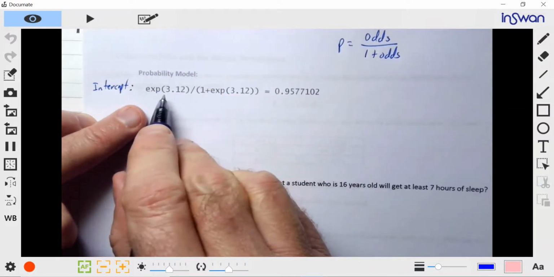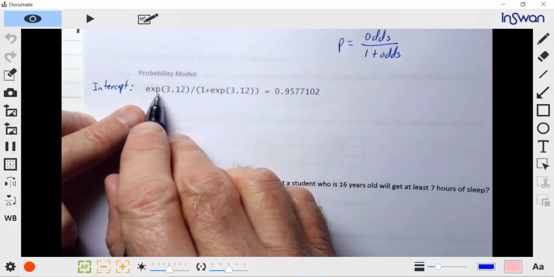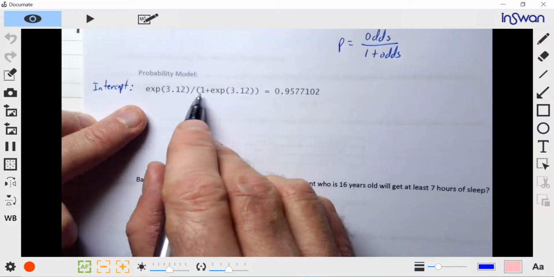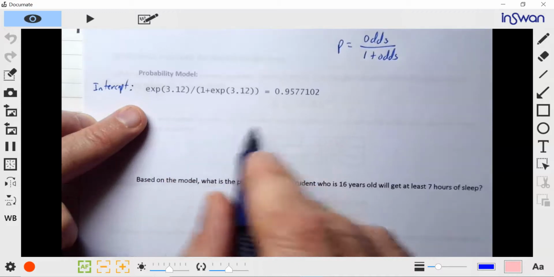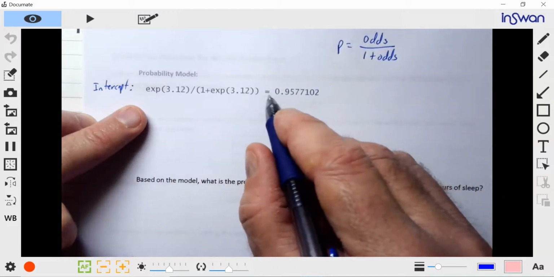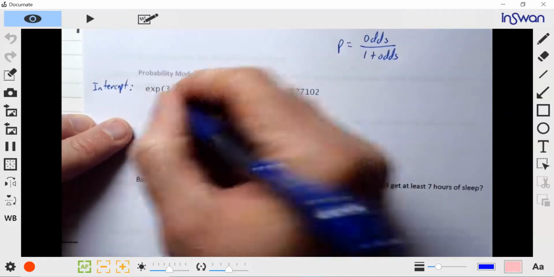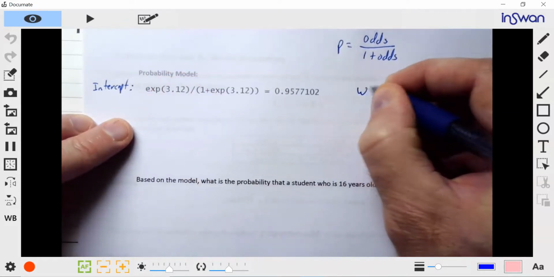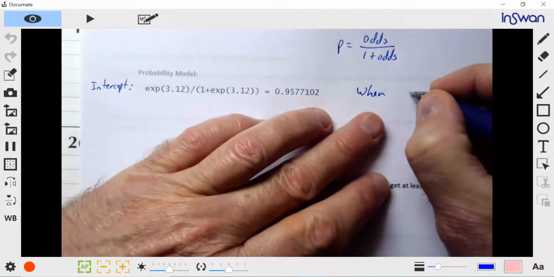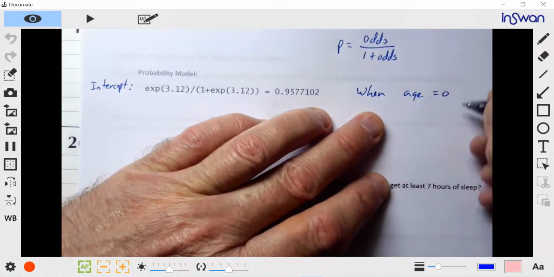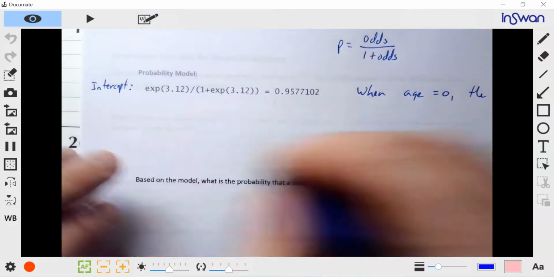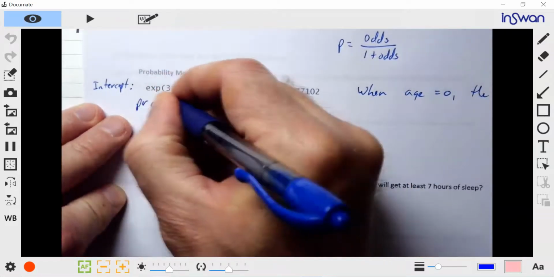So the probability is going to be exponential 3.12 divided by 1 plus exponential 3.12, which you can multiply out to be 0.9577.